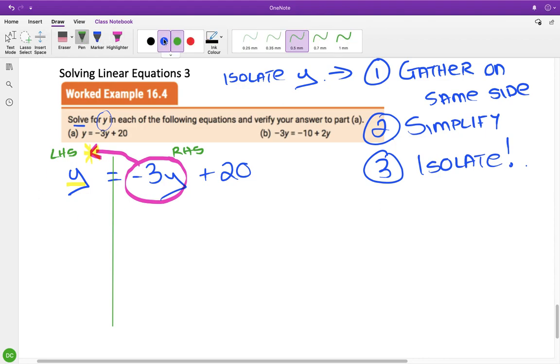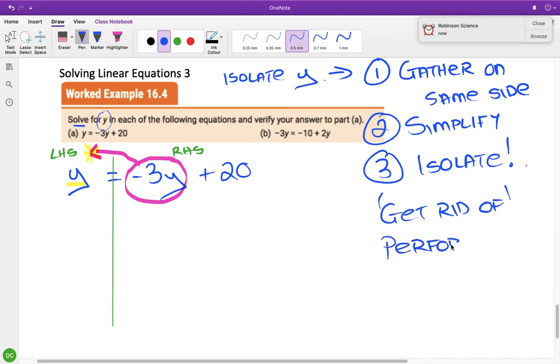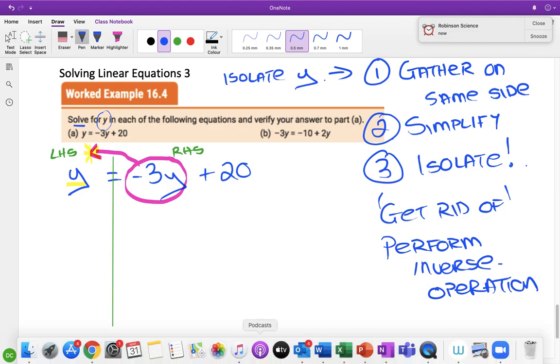Now we've talked about getting rid of. So if I want to get rid of that, I do exactly the same as we discussed before. Let's use the same words: I perform the inverse operation.